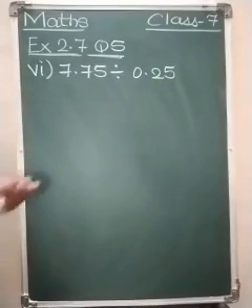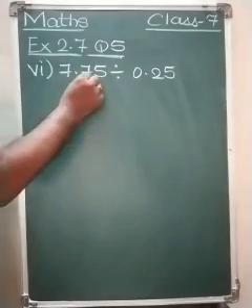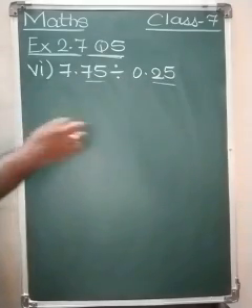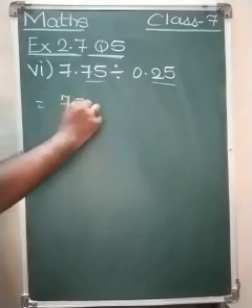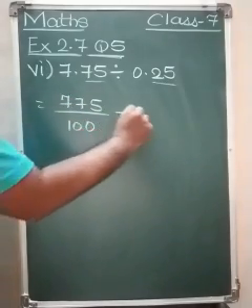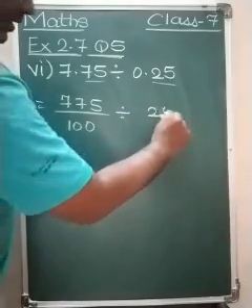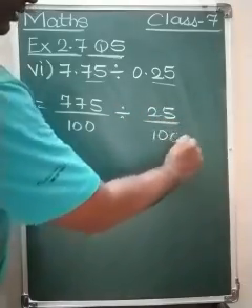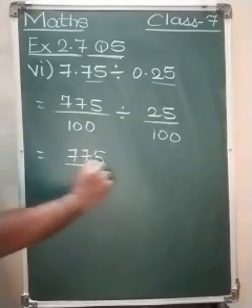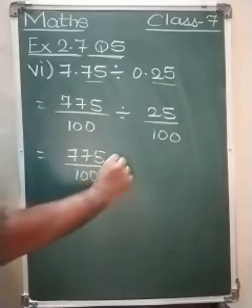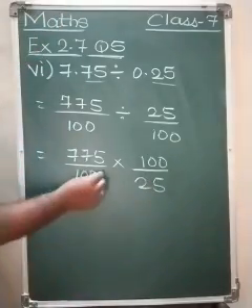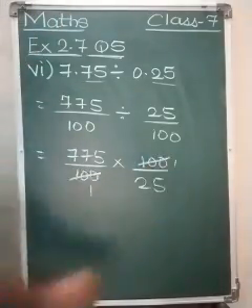Again here after the decimal point there are two digits, so both denominators would be 100. 775 upon 100 divided by 25 upon 100. So this equals 775 upon 100 multiplied by 100 upon 25. 100 ones are 100, 100 ones are 100.